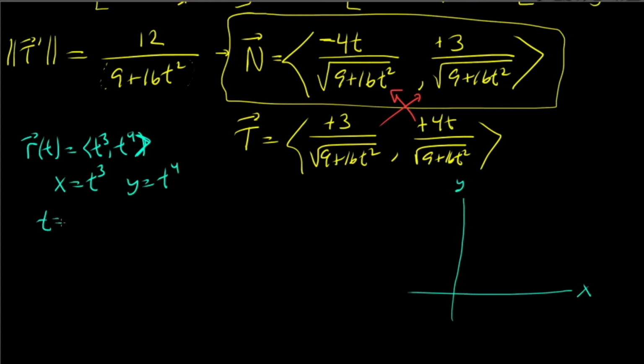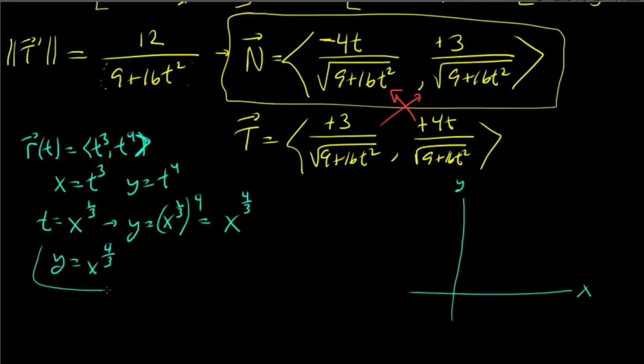Well, t is just the cube root of x, it's x to the 1/3. So y is x to the 1/3 to the 4th power, or x to the 4/3. So that's the curve we want to graph, y equals x to the 4/3, and it's going to look something like this. So that's C.